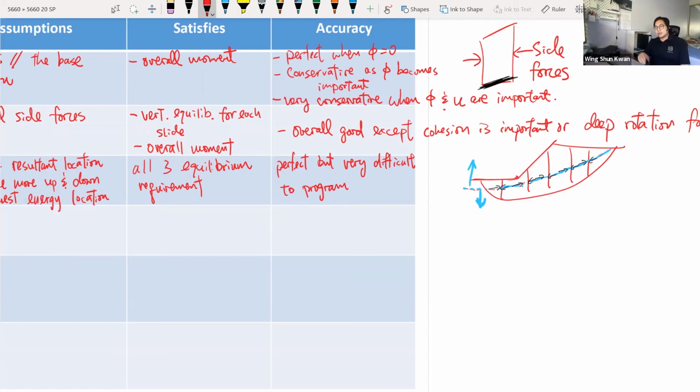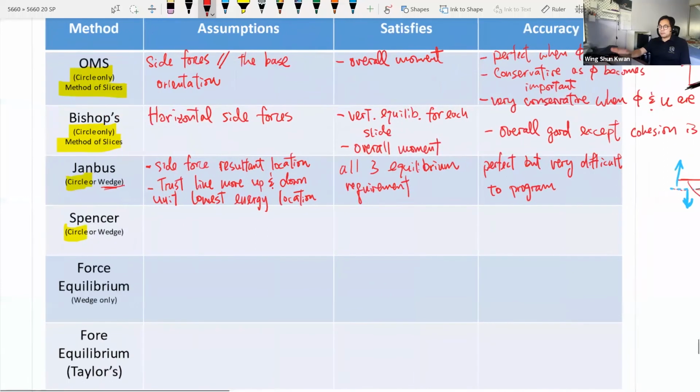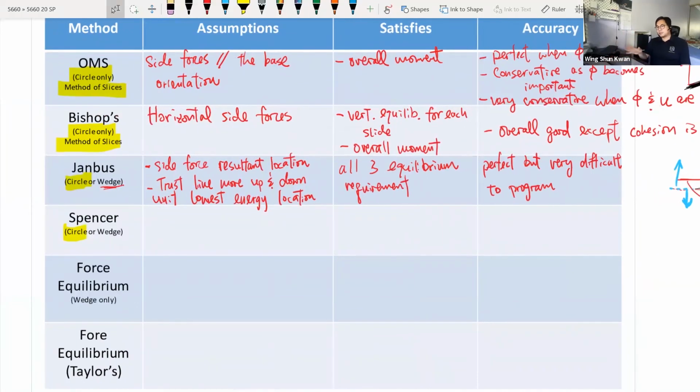The other two methods, the OMS and the Bishop method, I believe a graduate student should be able to program either on Excel or MATLAB. I don't think it's too hard to program. But starting with the Janbu method here is very hard. It's very hard to program.